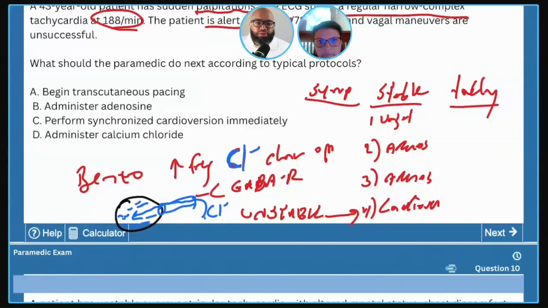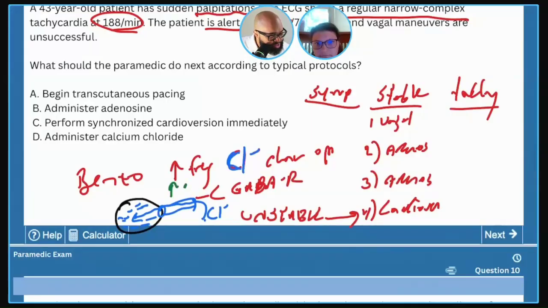The difference in benzos versus barbiturates is benzos increase the frequency of the channel. Barbiturates increase the duration. So barbiturates like phenobarbital, secobarbital increase the duration of the channel opening.